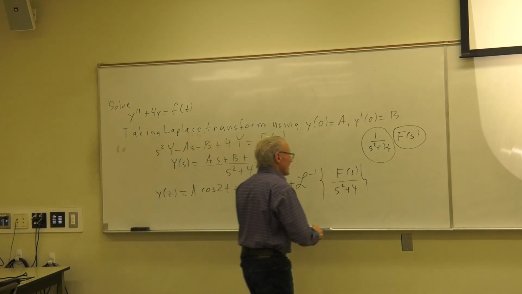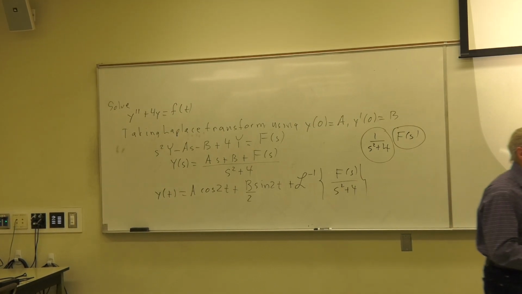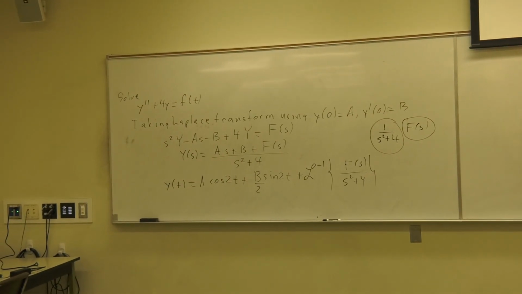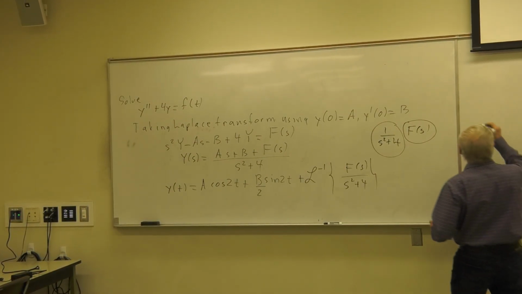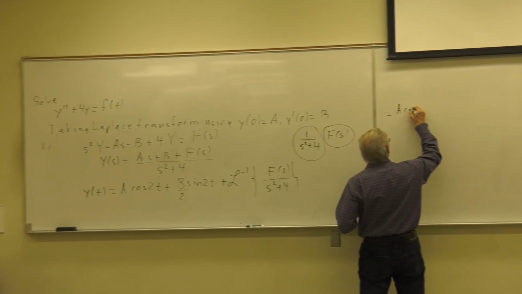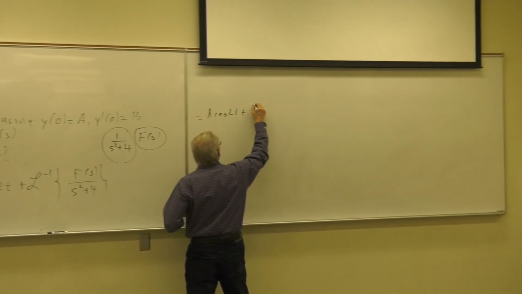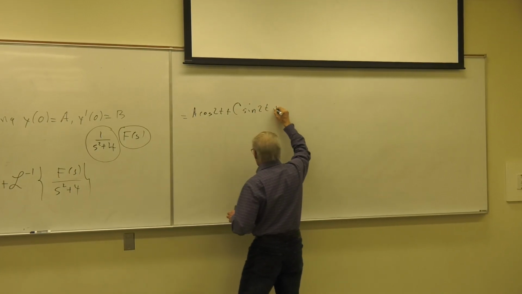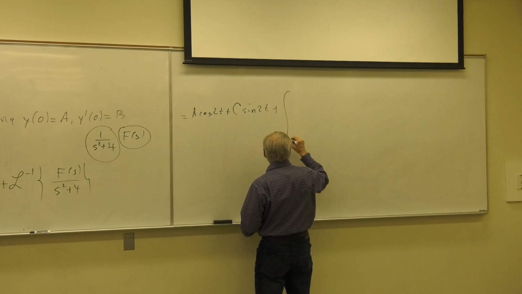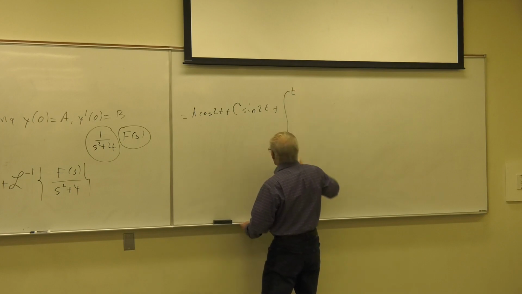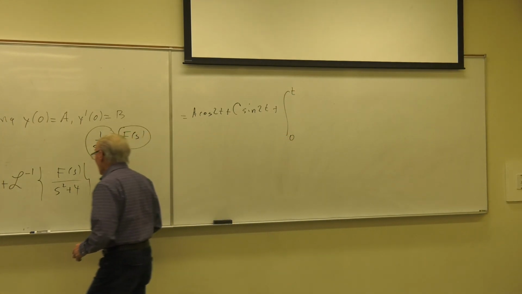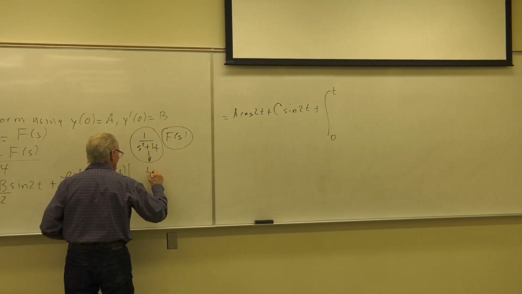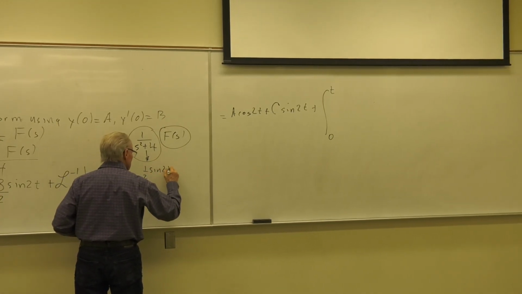So that will be our last step then, is to write that. So y equals a cosine 2t, let's call it c sine 2t, plus the convolution integral from 0 to t. All right, we're going to say the inverse of that is 1/2 sine 2t.